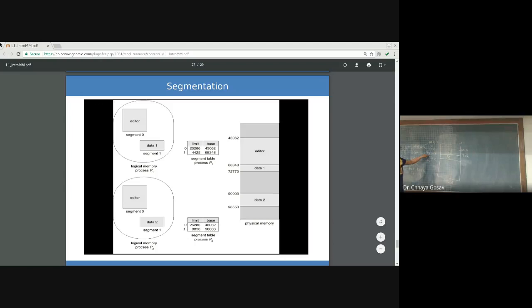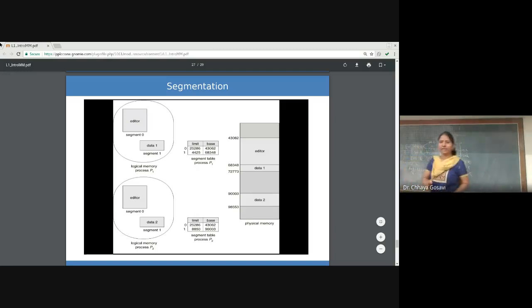Again, it is non-contiguous. We can load these segments anywhere. So 180 plus 120, 300K. Then say 50K, S2. Then S4, 130K. And then S6, 120K. Total 600. So these segments can be loaded anywhere.